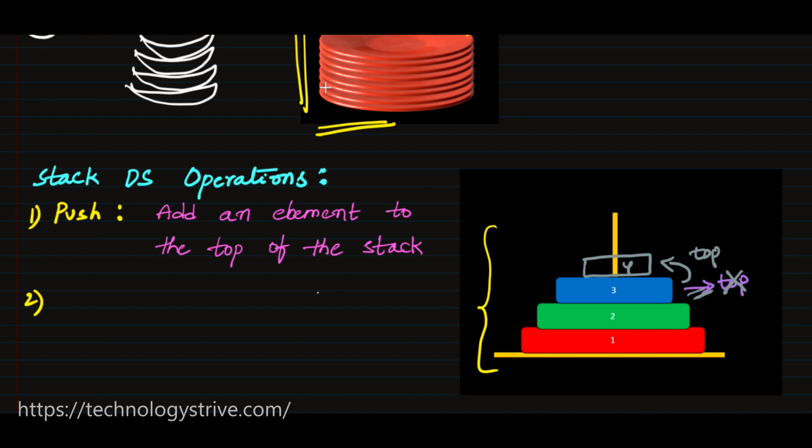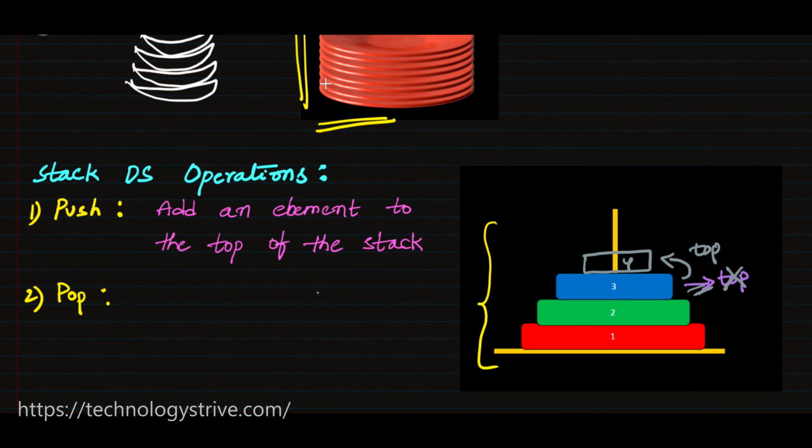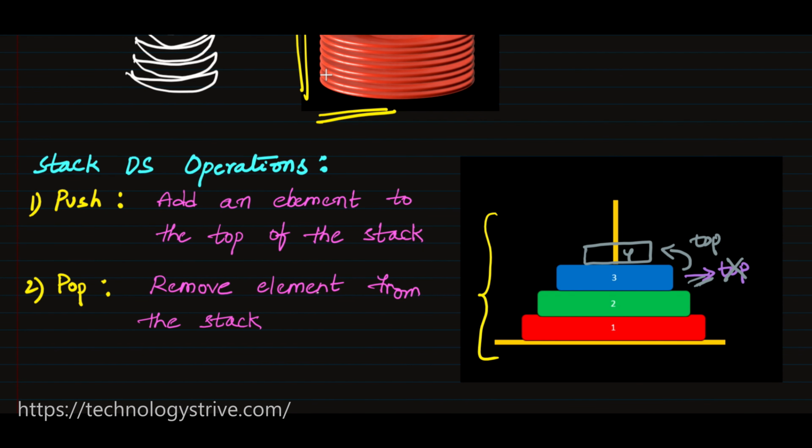So the second one is pop. Remove an element from the stack. And again in this remove operation, always the top element gets removed. For example, if I have removed 4, then this is going to be my top element. Again if I have removed 3, meaning I have popped it out, then 2 is going to be my top element.